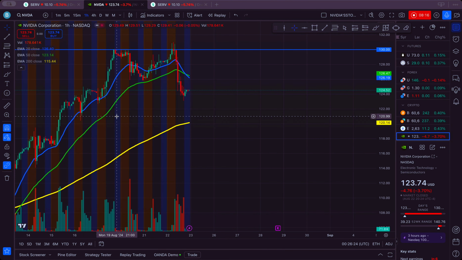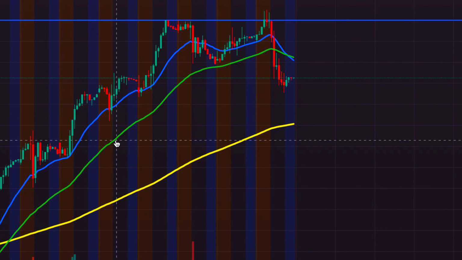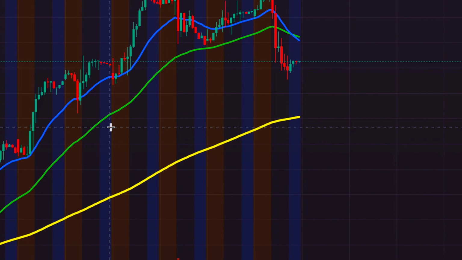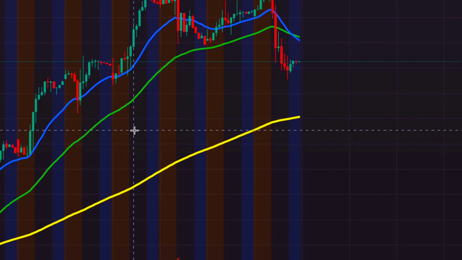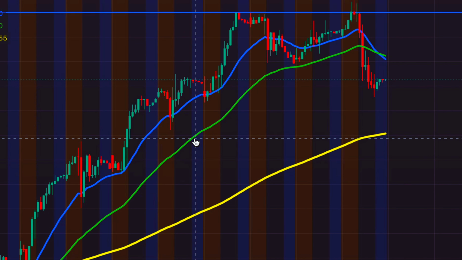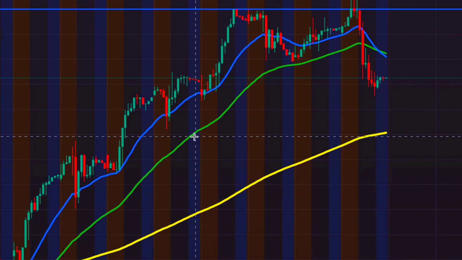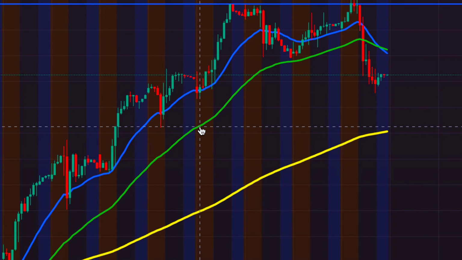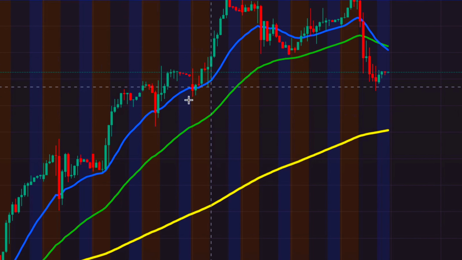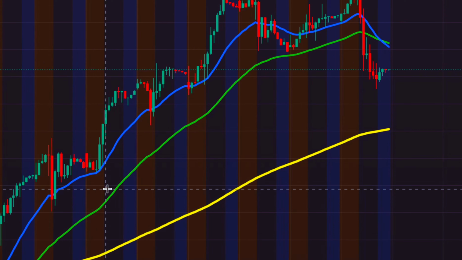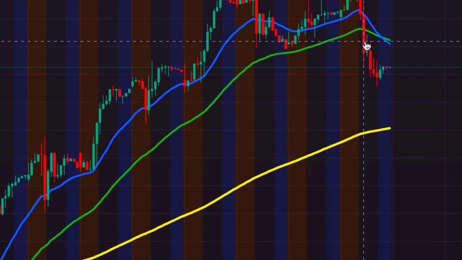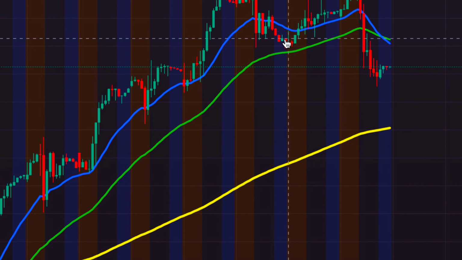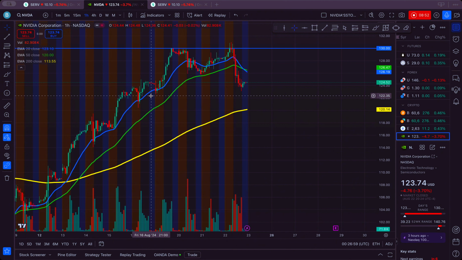When the price stays above the 50 EMA, it signals a medium-term uptrend. As you can see over here, it's above the 50 EMA, so we are in an uptrend.